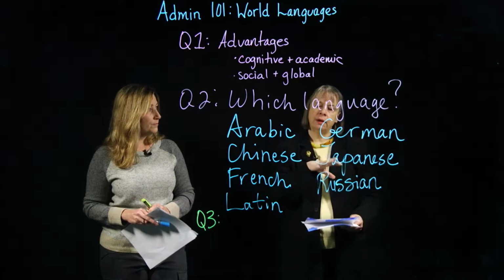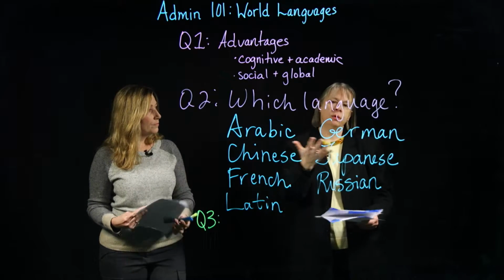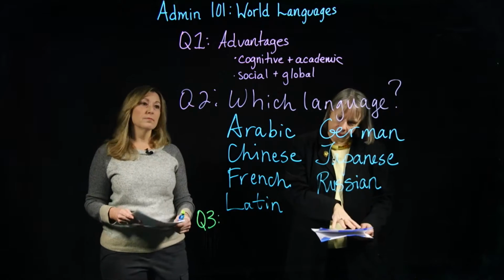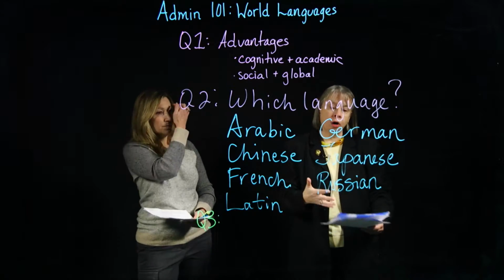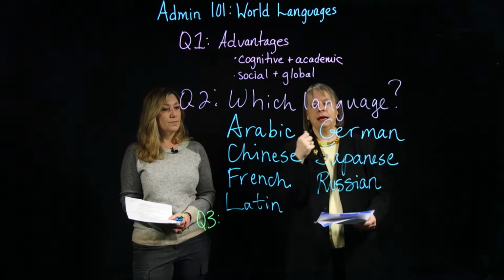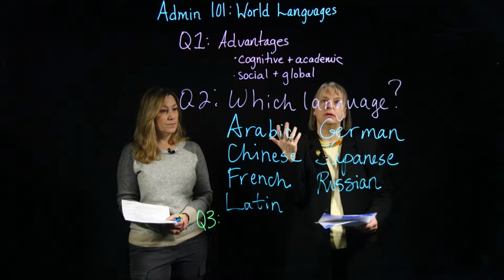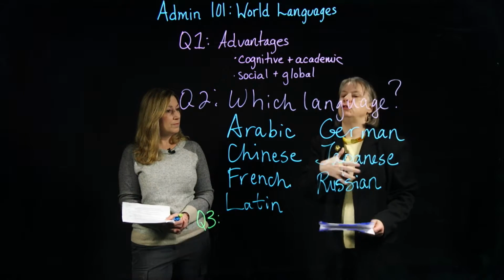You also have to think about what focus your school might have. If you have some kind of thematic topic, be it science, for example, or humanities or arts, different languages have different functions in terms of cultural and scientific literacy. So these are all questions that come into the equation.